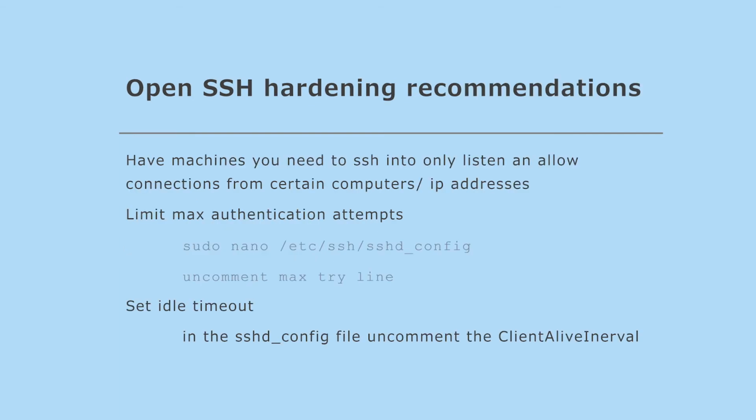And then, so real quick, we also have OpenSSH hardening recommendations. First thing I'm going to do is, if you do this in our class with the way we scan the labs, you'll actually get some points off, so don't do this for this. But in general practice, you want your machine to only be listening for connections from certain IP addresses. You can set that up through the firewall.